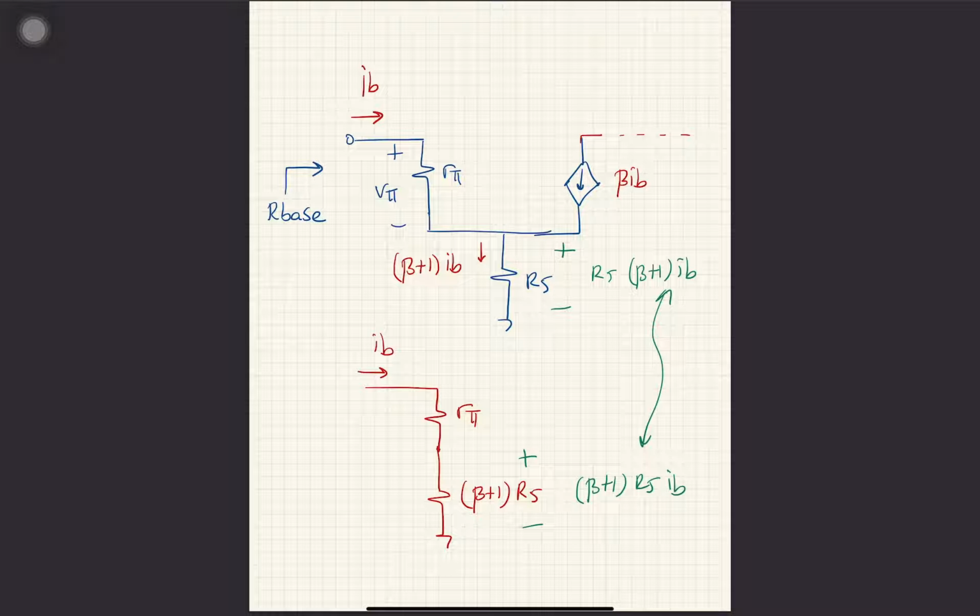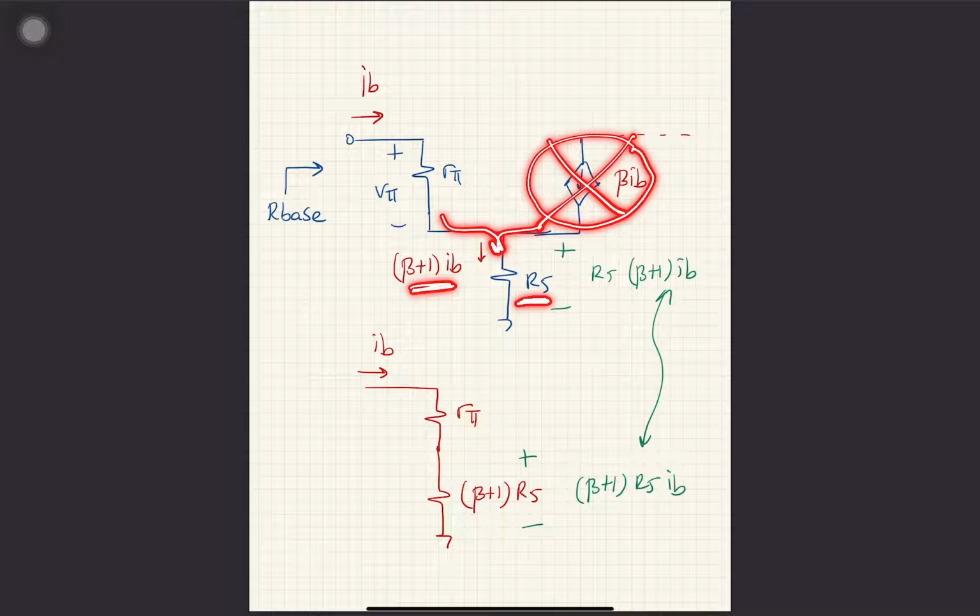So what I do in here is I get rid of this current source by multiplying the resistance value by beta plus 1. I don't need to worry about this current addition, or about beta plus 1 I base in here. Instead, I take this effect into account by increasing the resistance value to beta plus 1 R5.